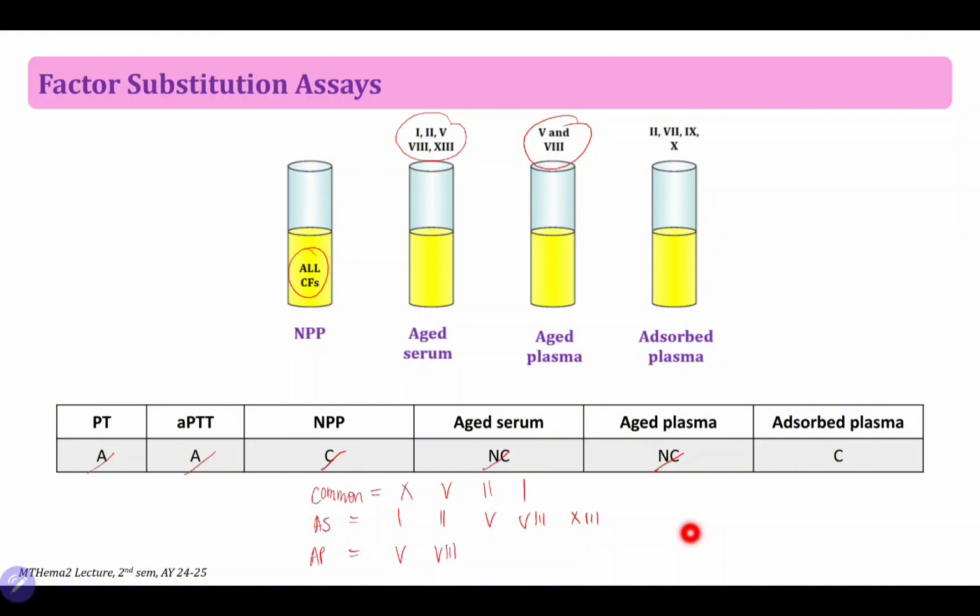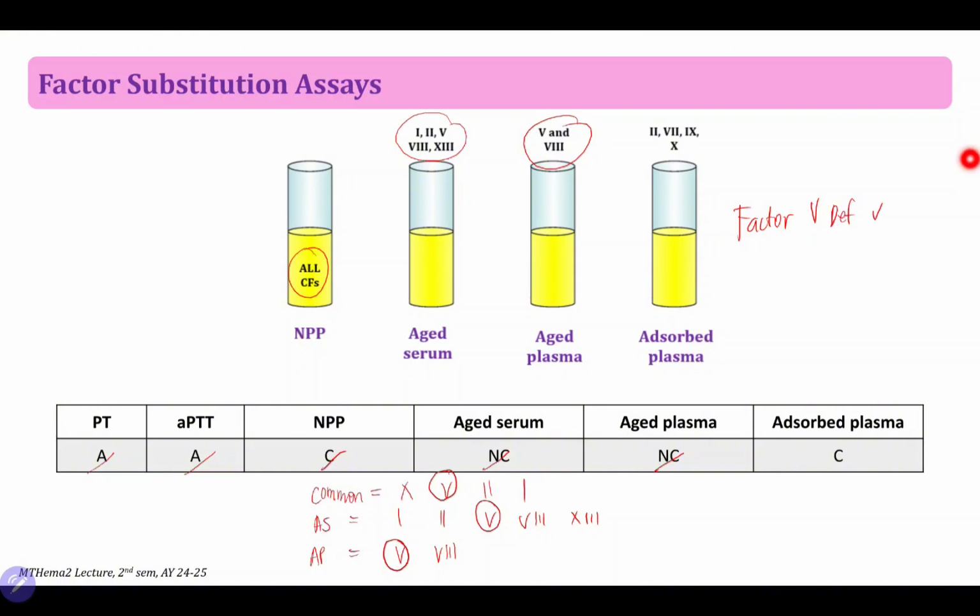Okay? Next, let's find the factor common to aged serum and aged plasma, and that is factor 5. So therefore, the factor deficiency in this case is factor 5 deficiency.